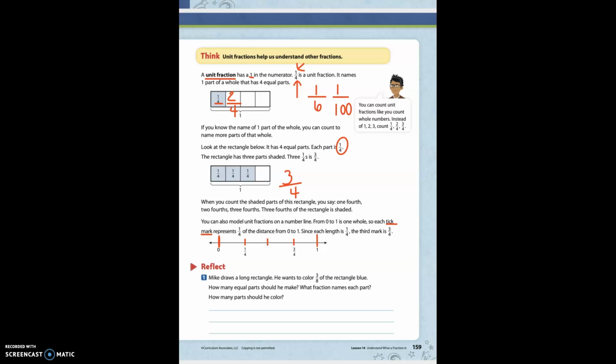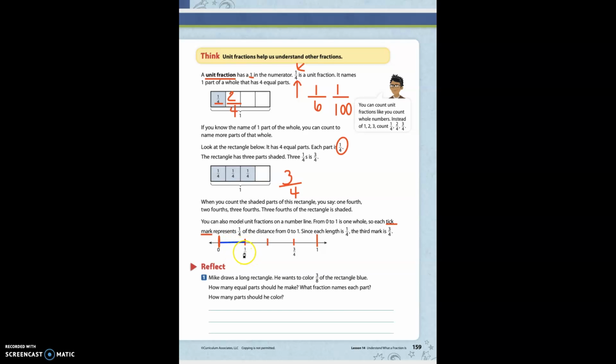So I'm going to change my pen color again, because I like to use different colors. What that's saying is that from 0 to that point right there, that right there is 1/4. From here to here is 1/4.